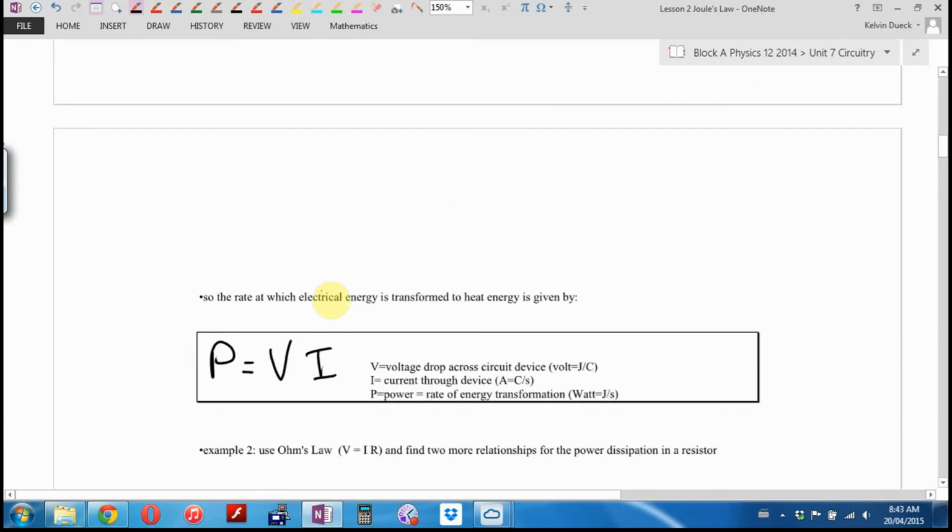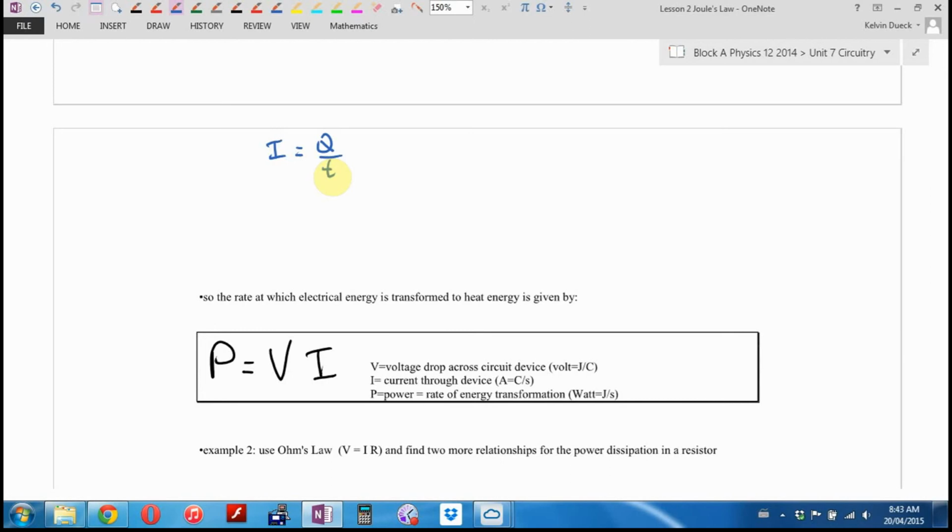What that's done is given us so far 3 equations. We started out defining current. We said current was equal to Q over T, but I'll be honest, we're not going to use that again until the test. I will ask you one question on the test where there are 3 things in that equation. I'll either give you Q or T or 2 of them and you find the third one.